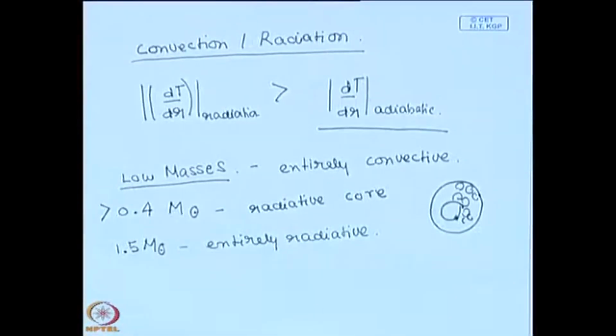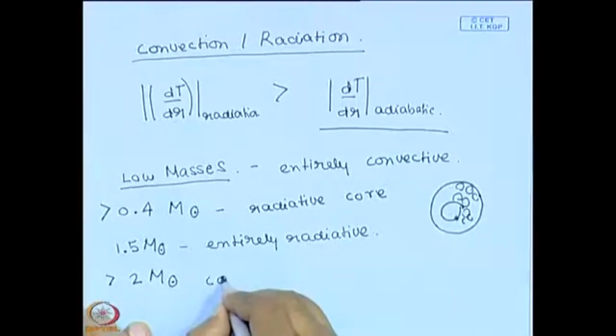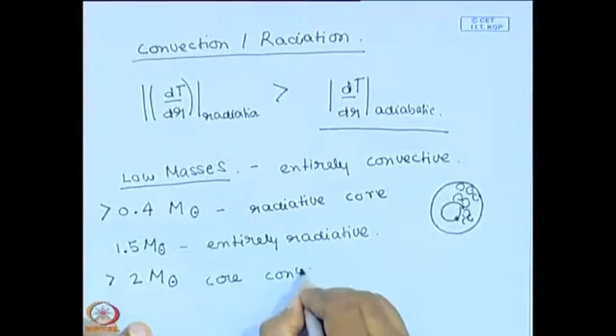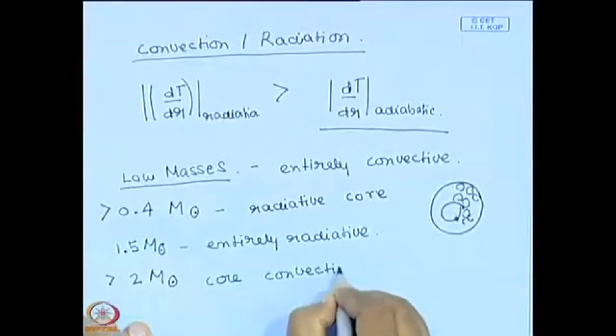So, here the energy transport is entirely radiative, and then when you cross 2 solar masses, the core again becomes convective.